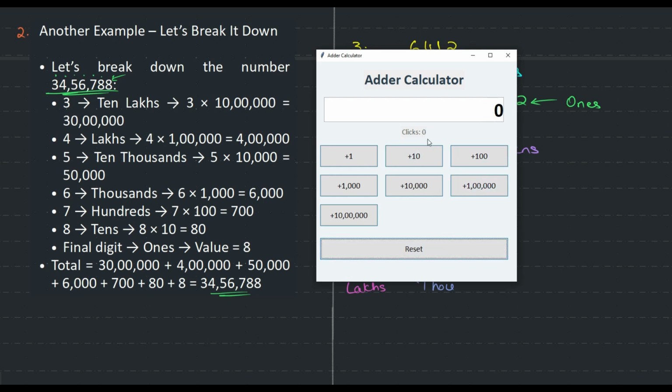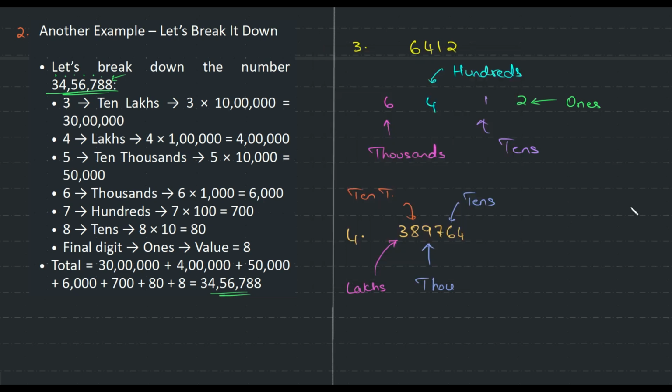If I have 5 occupying the 100 place, 5 occupying the 100 place, it will give us 500. If we have 7 occupying, say, the 1 place, it will give us 7. So that's how the calculator works as well. So everything is connected, right? Everything is connected.